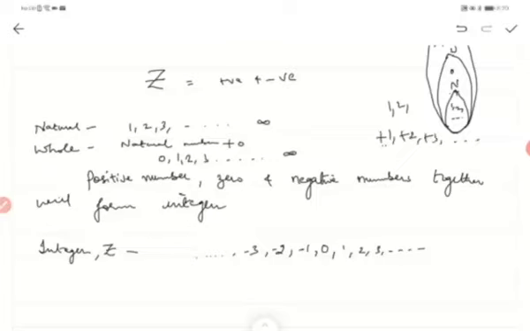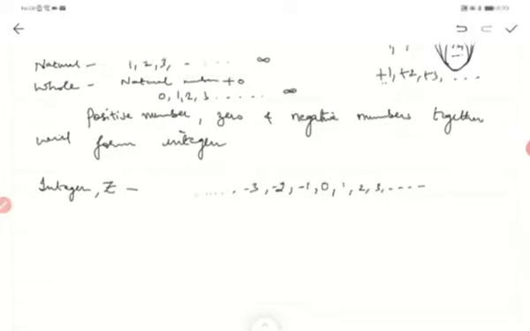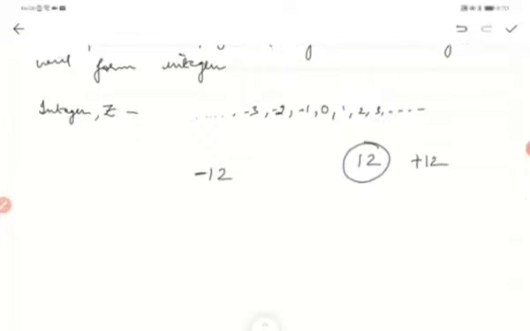If it is a negative number, it will be shown specifically, for example -12. If I take only 12, this shows that it is +12. So whenever a number is given without a sign, it is a positive number. If it is specifically given with a sign, it is a negative number.